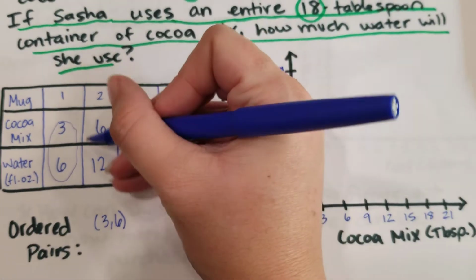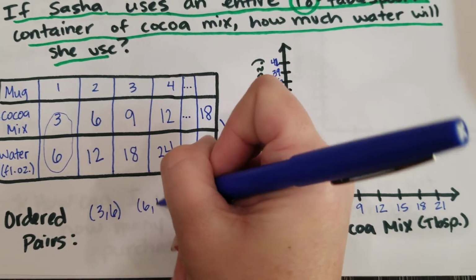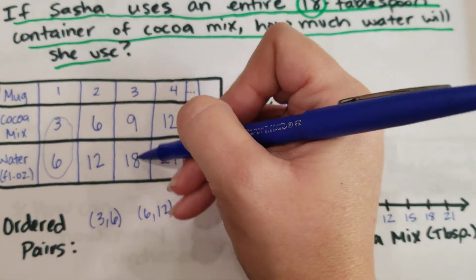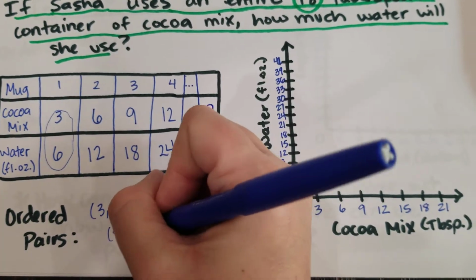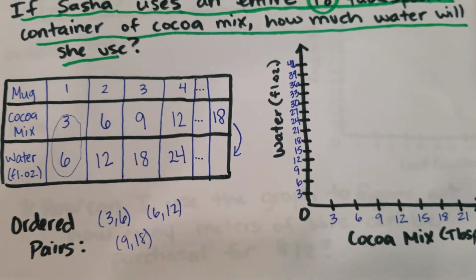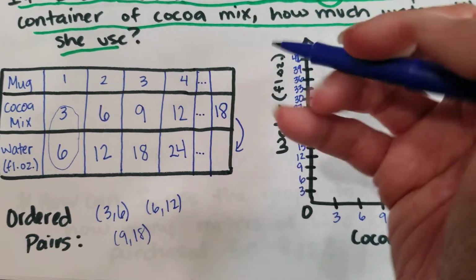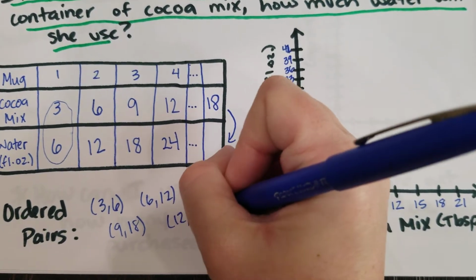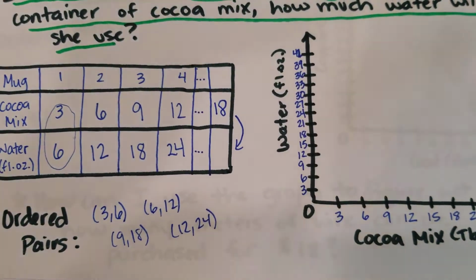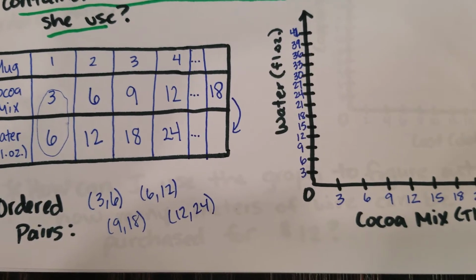This is going to be my ordered pair, 6, 12, and then this one, 9, 18. And remember, we put ordered pairs in parentheses. Then our last ordered pair is going to be 12, 24. All right, now that I have ordered pairs, I can graph these.